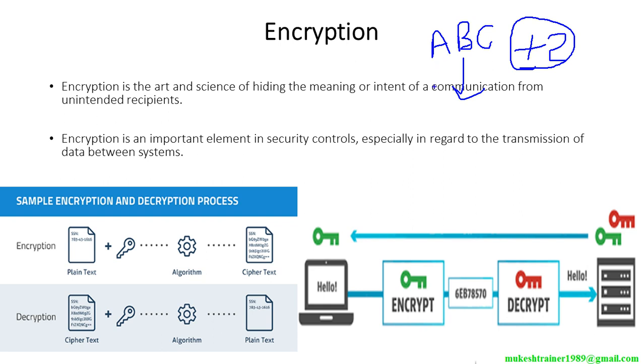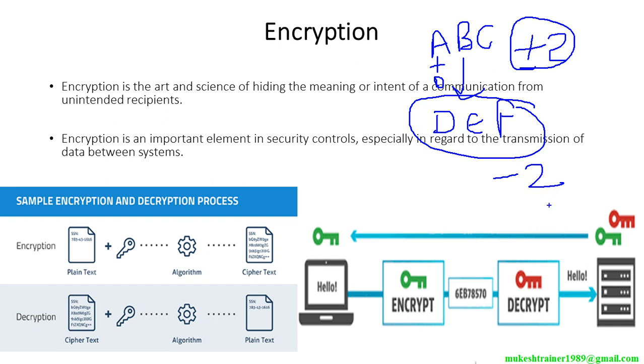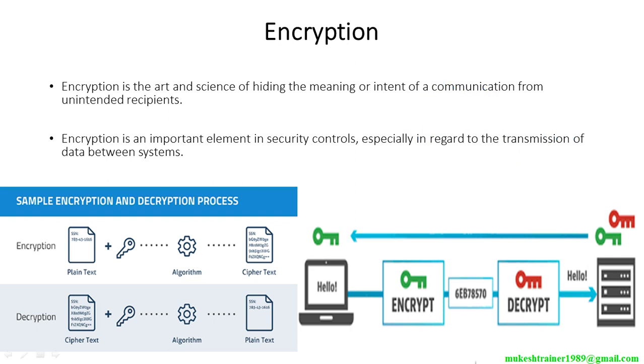A plus 2 becomes C, D, so A becomes D, B becomes E, and C becomes F. So A, B, C become D, E, F. The one who receives the message will use a -2 algorithm. So F -2 becomes C, E -2 becomes B, D -2 becomes A. So that is the encryption text. Thank you guys, thank you very much.